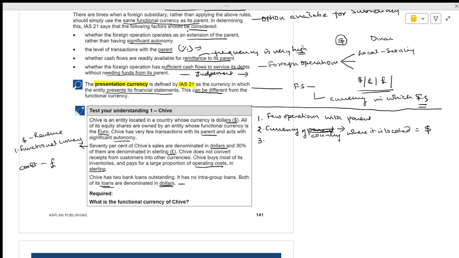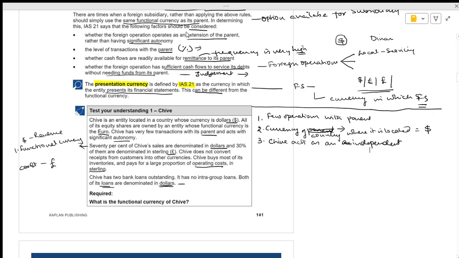Now, it suggests very few transactions with the parent, and CAI acts independently.